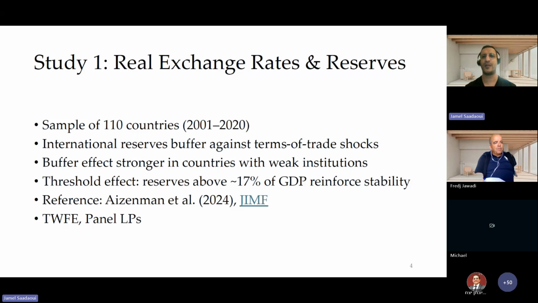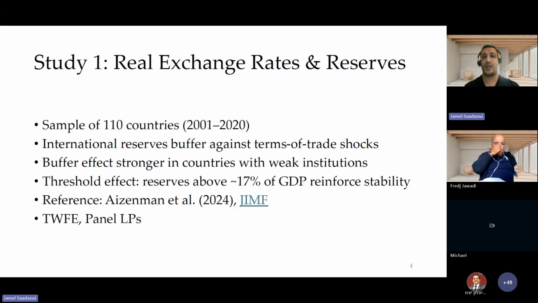So what are terms of trade shocks? Terms of trade is just the ratio between the price of exports and the price of imports. And in the 80s, you have all this literature about what we call the third world, about the deteriorating terms of trade, which impacted these countries negatively.